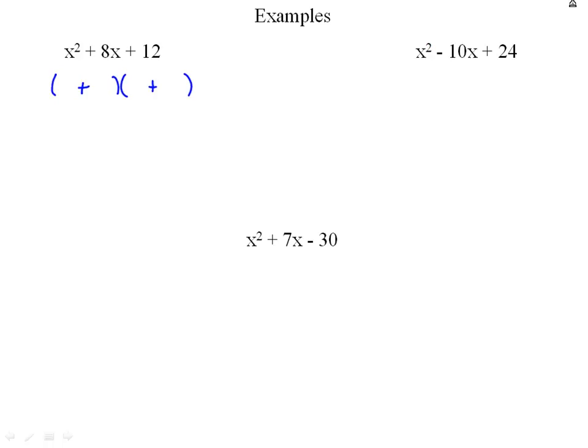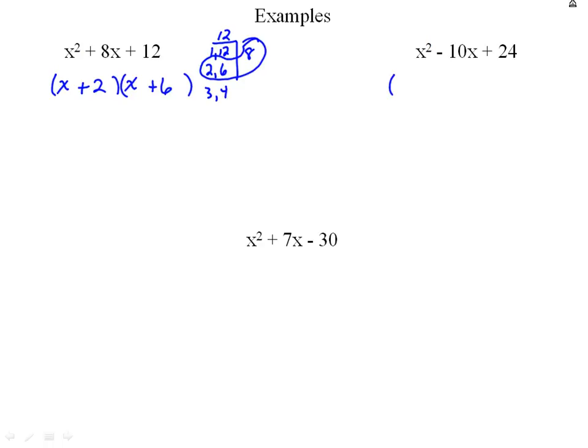I'm going to split x squared into x times x, and then I have to think, what can I multiply together to get 12, but add together to get 8? So list the factors. We have 1 and 12, 2 and 6, 3 and 4. I have 3 different pairs, but only one pair gives me 8. So you have 2 and 6.